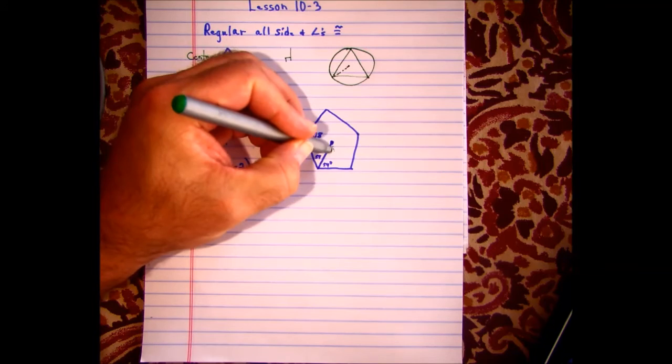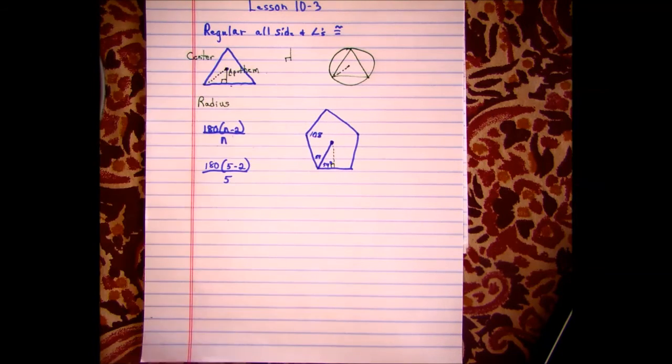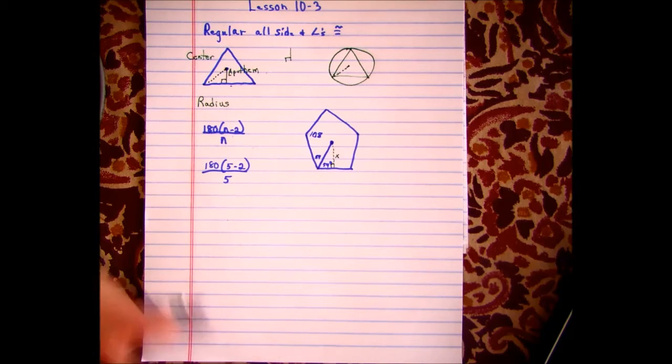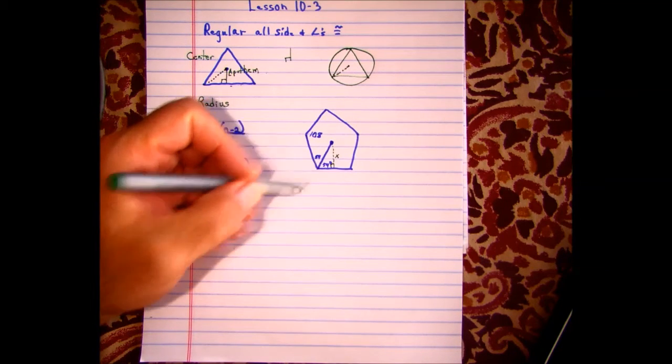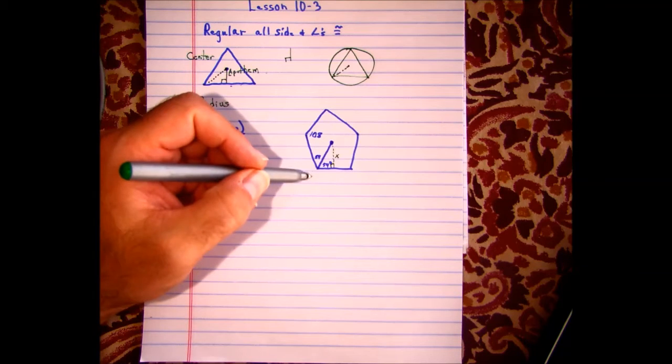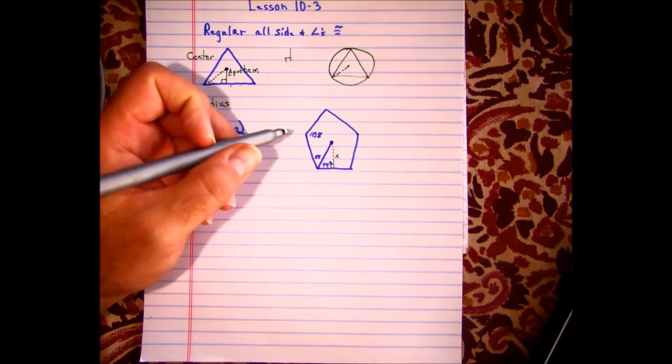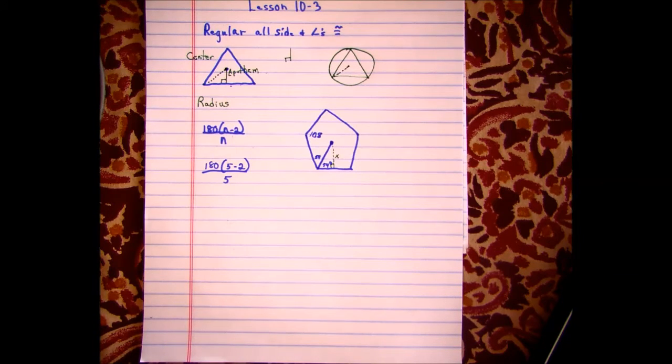So let's say we needed the apothem, which would be this measurement right here. Now we have an angle measurement, and if we had a side measurement, we would have enough information for us to use our sine, cosine, and tangent ratios. So this is where everything comes together.